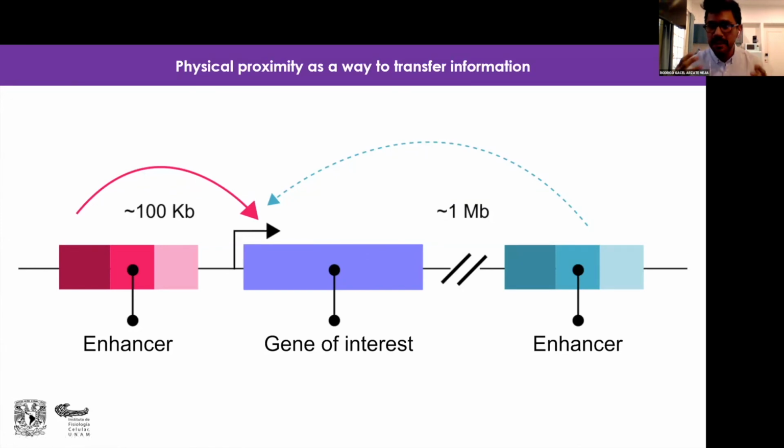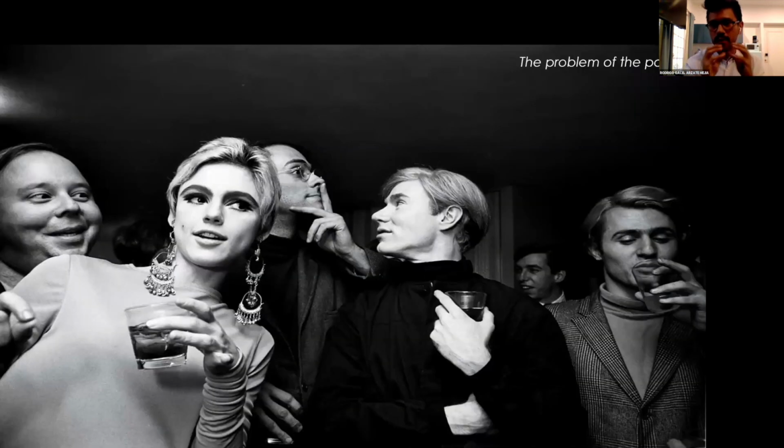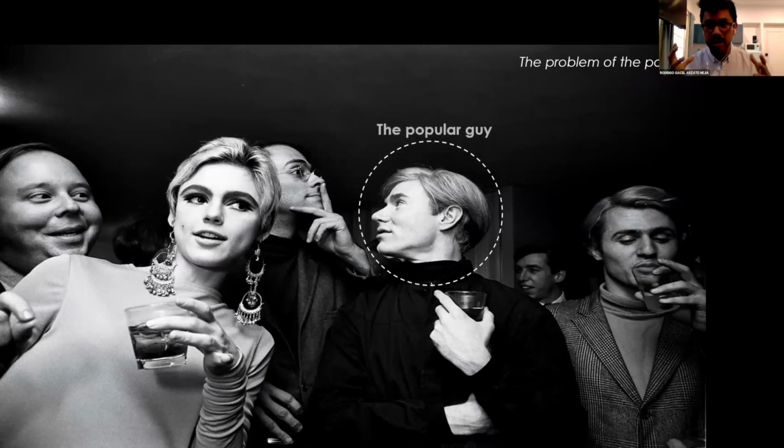I frequently think about the flow of regulatory information between regulatory elements and each gene as a small cocktail party, in which you have a popular guy, which can be your gene of interest, and then you have regulatory elements or people that are just interested in the kind of information that is flowing in the conversation that is taking place.